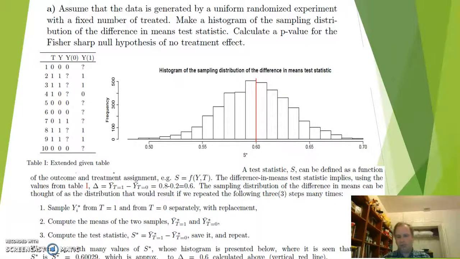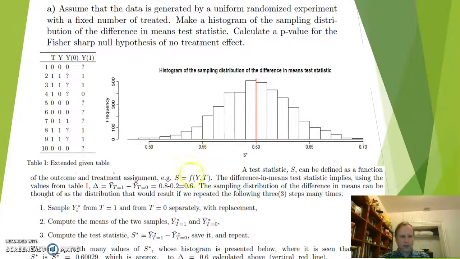Then the sampling distribution of the difference in means can be thought of as the distribution that would result if we repeat the following 3 steps.